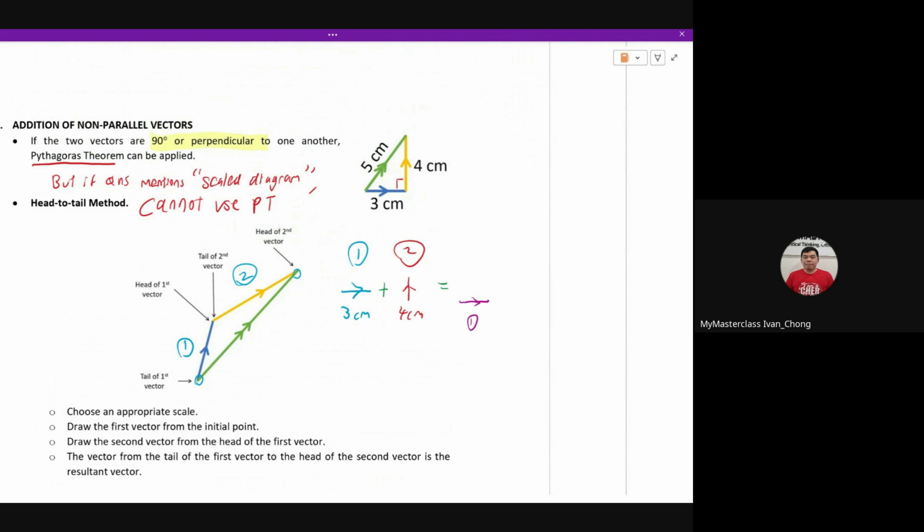Then from the head of my first vector, I will draw my second vector up. Then from the tail of my first vector to the head of my second vector, I will draw a single line through. This line is moving from right to up, and therefore it's going to be a diagonal right up. So you can see this is my resultant vector.